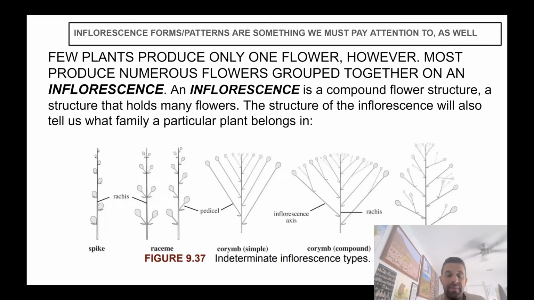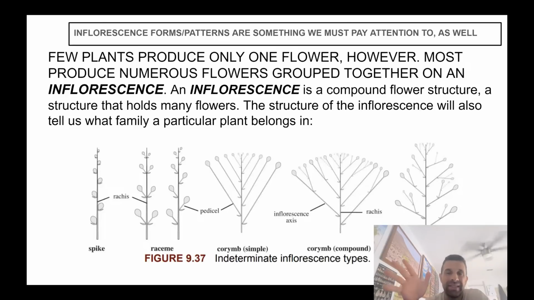Members of the carrot family produce an inflorescence type called an umbel, and a compound umbel, so it's an umbel within an umbel. When you see that, you know it's either in the carrot family or in the English ivy family, Araliaceae, either Apiaceae or Araliaceae.